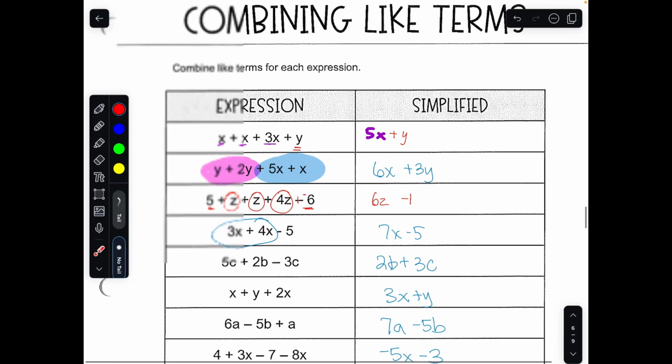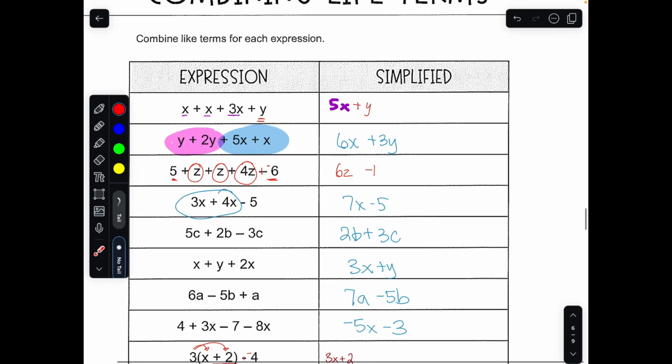All right, combining like terms, we did the Skittles lab for this. When you're adding and subtracting things, you're always combining like terms. So we always add them up. We just happen to be adding negative numbers, and you can only add things together that are the same. So you can see on the first one, we have an x plus 3 more gives us 5, and then we have y.